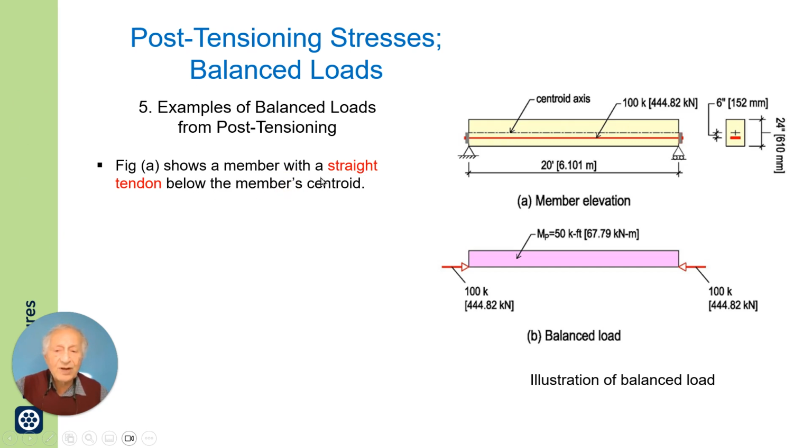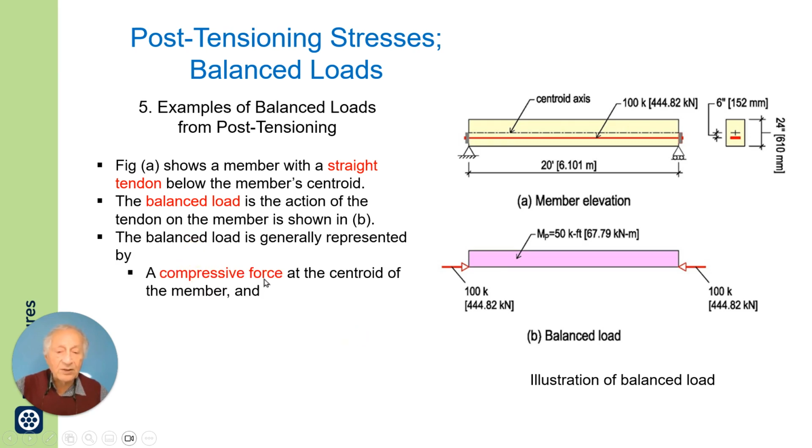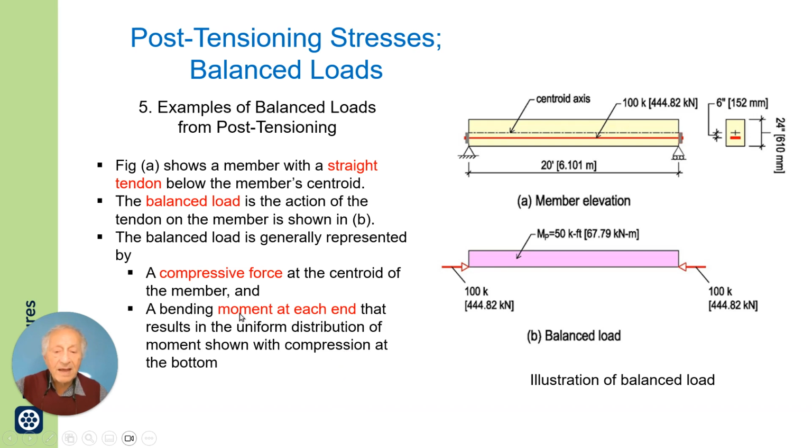You have a straight tendon below the member's centroid in figure A. The balance load is the action of the tendon on the member, shown in B, represented by a compressive force at the anchors, and a bending moment at each end.